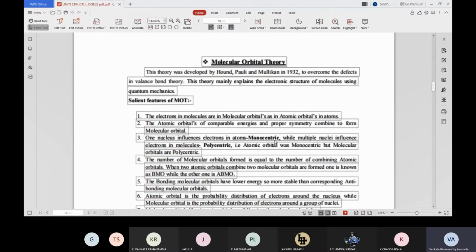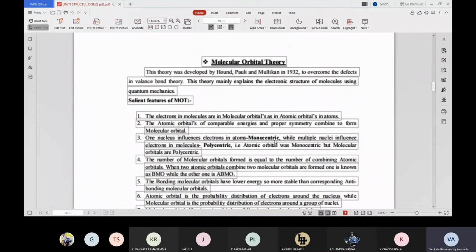When two atomic orbitals combine, they form two molecular orbitals. The two molecular orbitals are known as BMO and ABMO. BMO means bonding molecular orbital and ABMO is anti-bonding molecular orbital. Okay? Another point: the bonding molecular orbitals have lower energy, so they are more stable than the corresponding anti-bonding molecular orbitals.